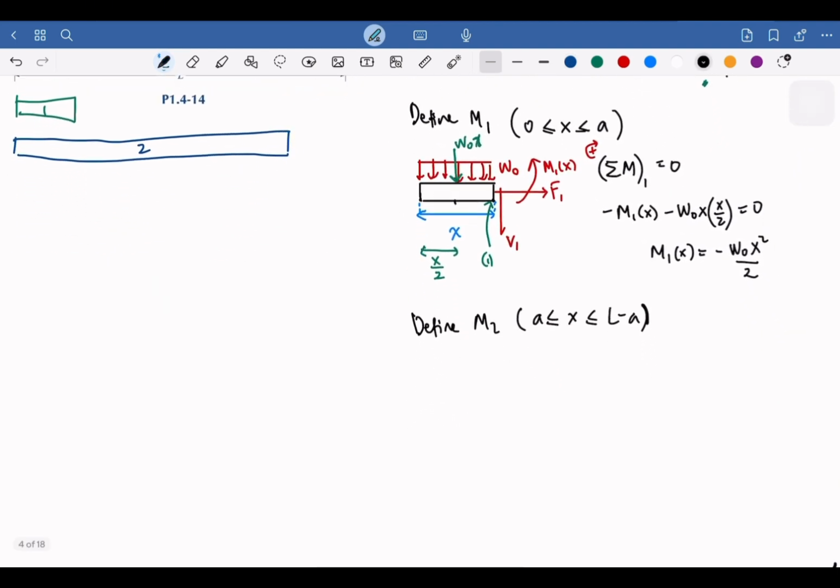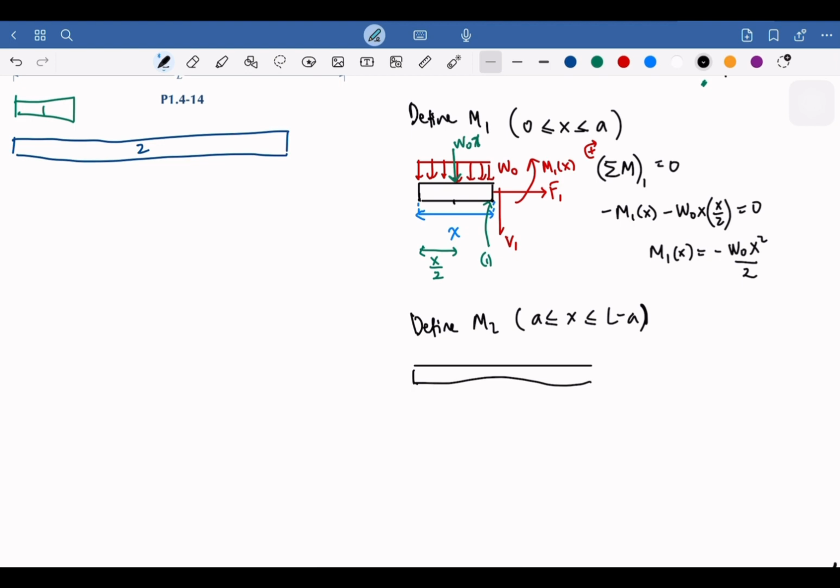So write over the diagram. So we have the same distributions.